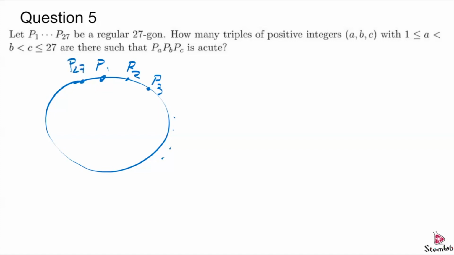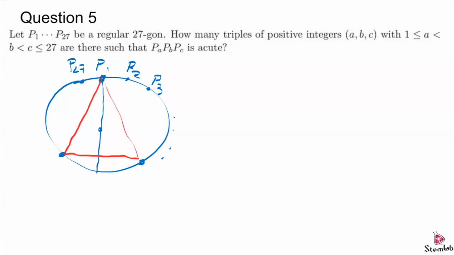What you'll notice is for a triangle to be acute, if P1 is included, we can draw the diameter through P1. And one point has to be on the right, and another one has to be on the left. So it can't all be on the same semicircle, I guess is one way to phrase it.